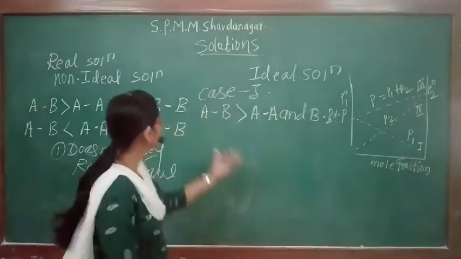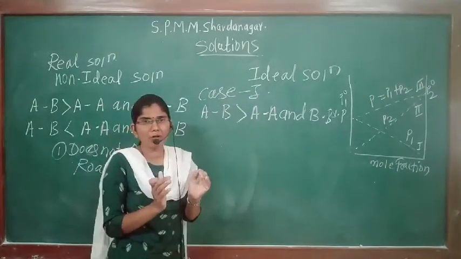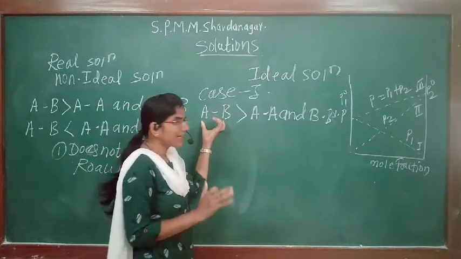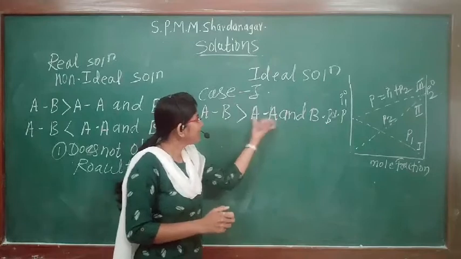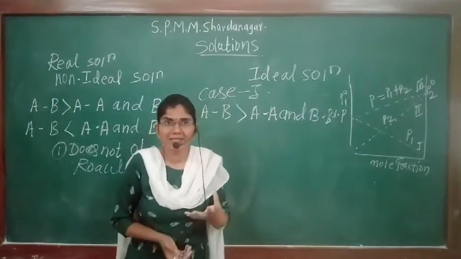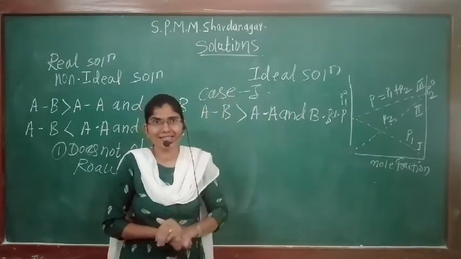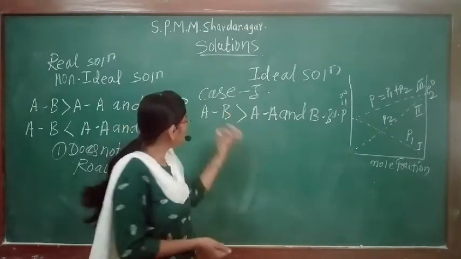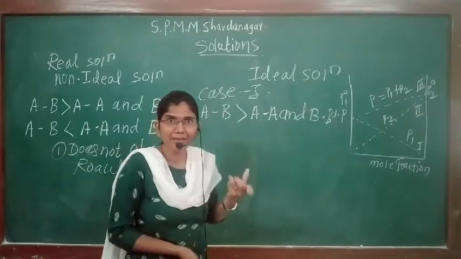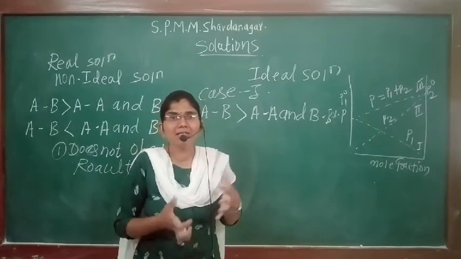That means here, when the solution is formed, this interaction is very strong, greater than this interaction. That means the escaping tendency, it does not readily go into the vapor state, because the force of interaction between A and B, the AB bond, is strong.